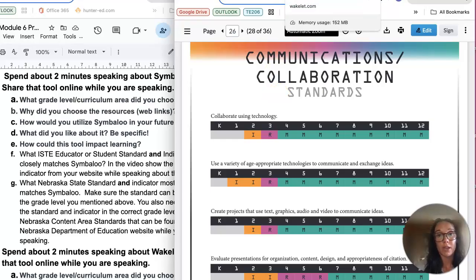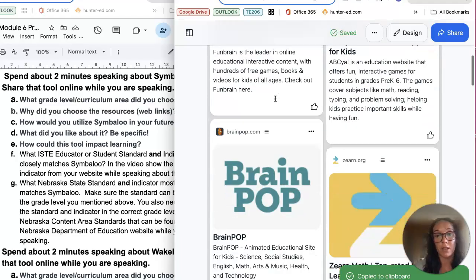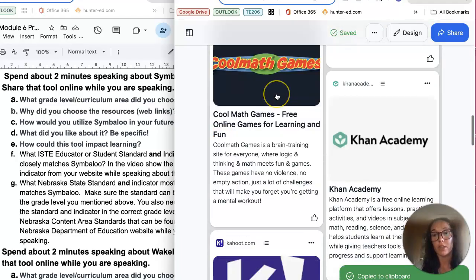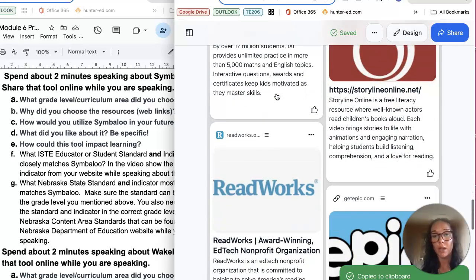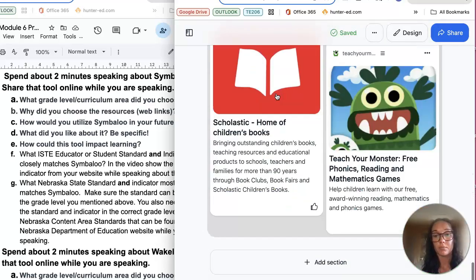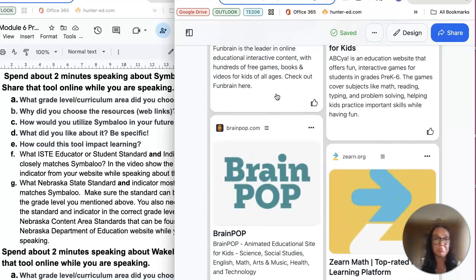Now moving on to Wakelet. Again, I have the same resources on here as I do on my Symbaloo. I think that Symbaloo and Wakelet are essentially similar.